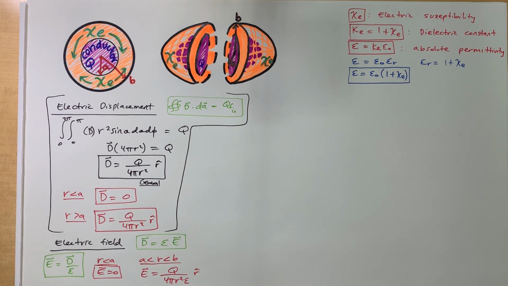I'm going to write it right here next to it. The electric field is going to be Q over 4 pi r squared, and I'm going to change that epsilon into epsilon naught times 1 plus chi E.